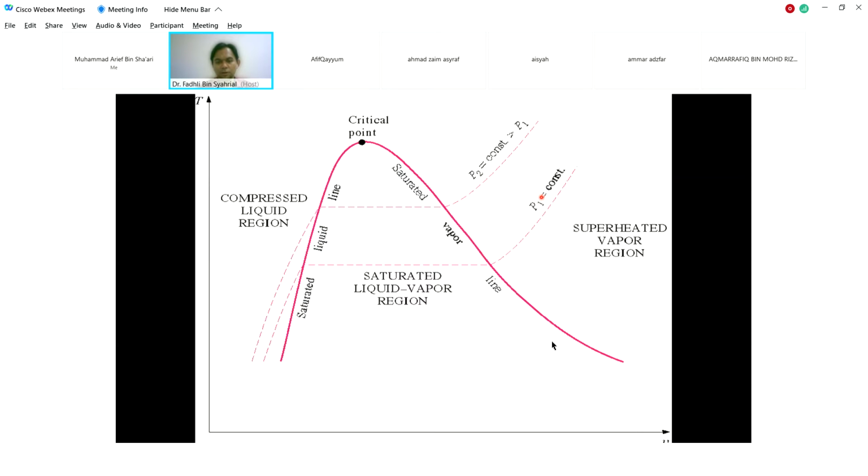The first line is where the pressure is P1, and the second dotted line is P2. So the higher the pressure, the higher this line. As shown here, P2 is larger than P1. That's why this P2 dotted line is higher than the P1 dotted line.